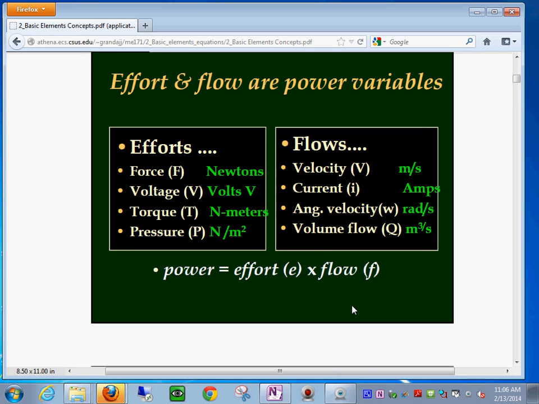So there you have all the effort variables. When we say effort E, it could mean any of those. When you say flow F, it could mean any of those.